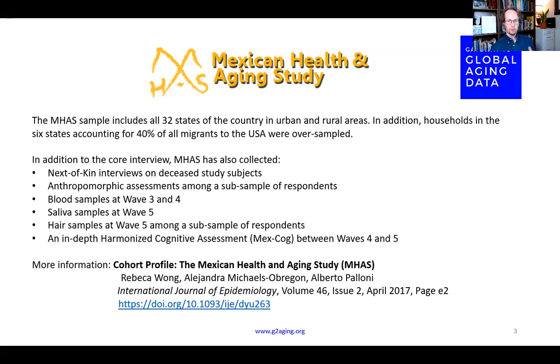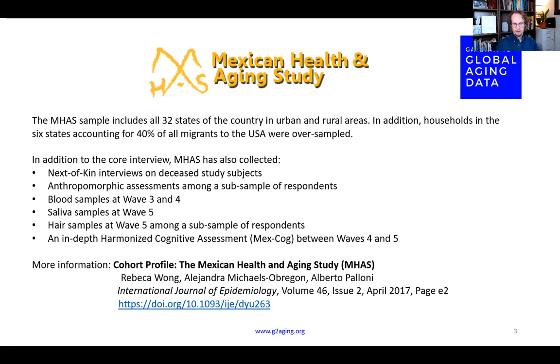In addition to a regular core interview, MHAS also collected several other types of interviews or data. Those include next of kin interviews, which are about the deceased study subjects. Anthropometric assessments among a subsample of respondents were done at most waves. Blood samples were taken at waves 3 and 4. A saliva sample was taken at wave 5.